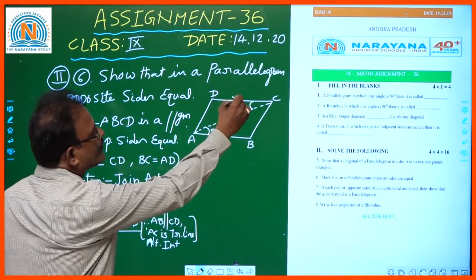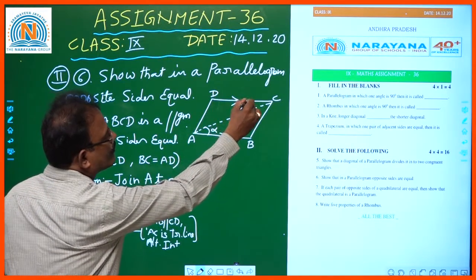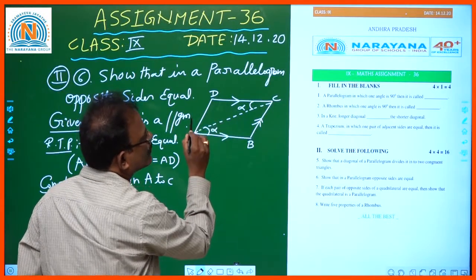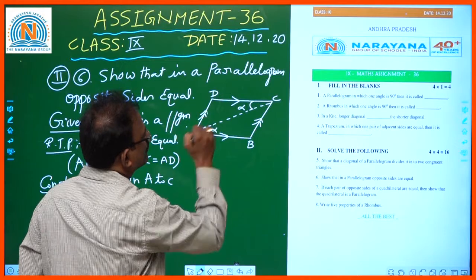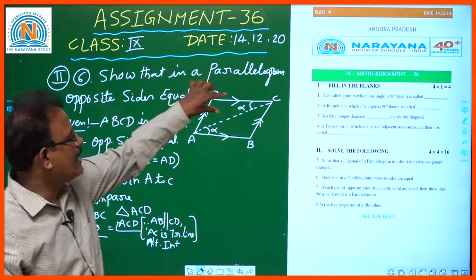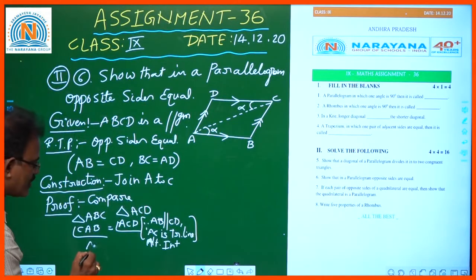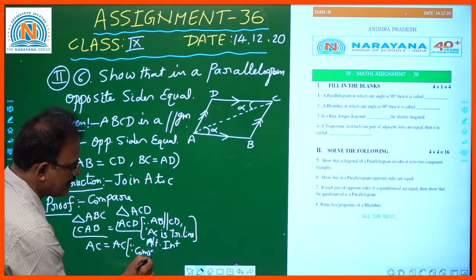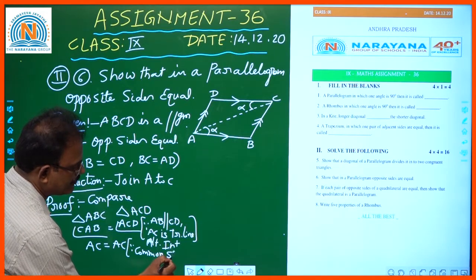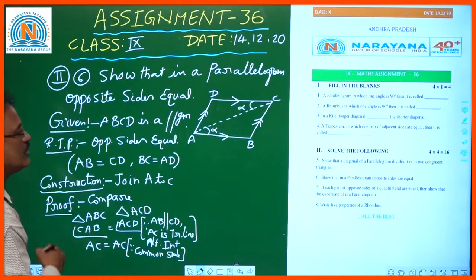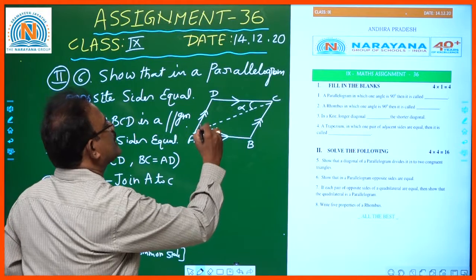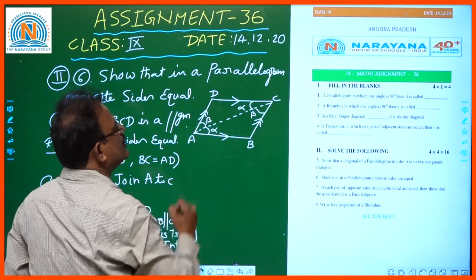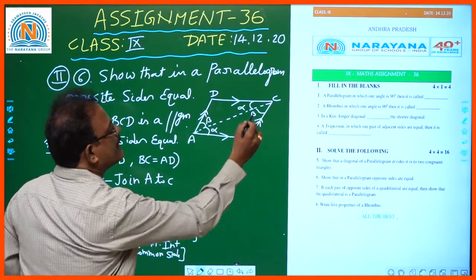Similarly, AD parallel to BC. Of course, AC is equal to AC. It is a common side. Side AC is common in both triangles. Now the third one is, see here. If it is beta, then this angle is also beta. That means keep C in middle.